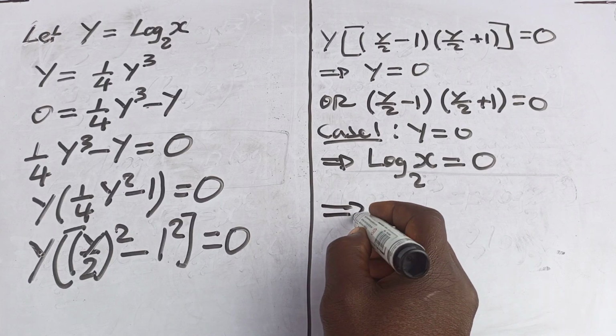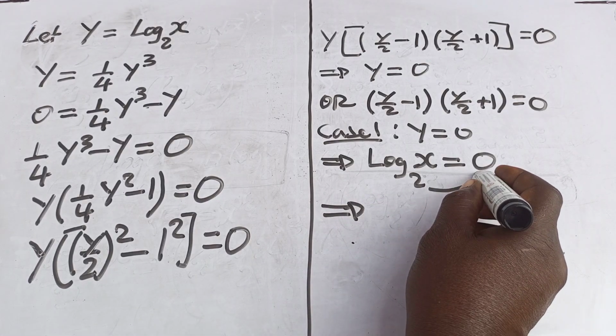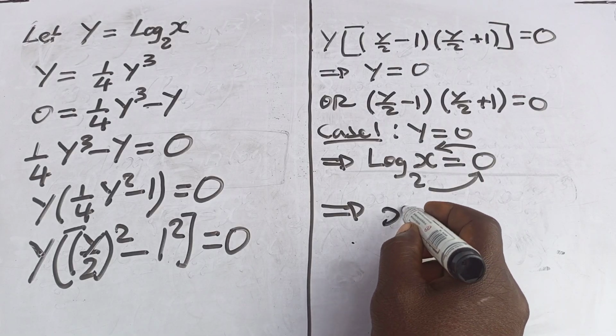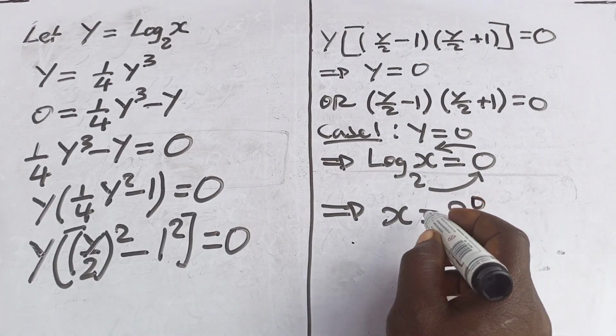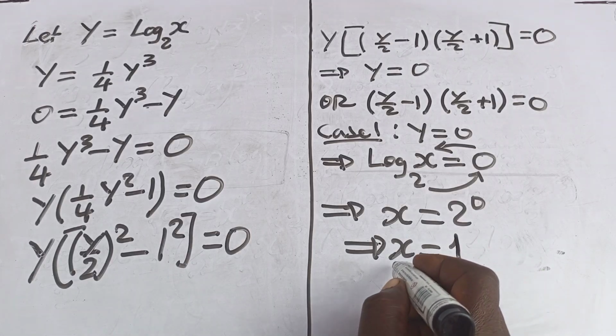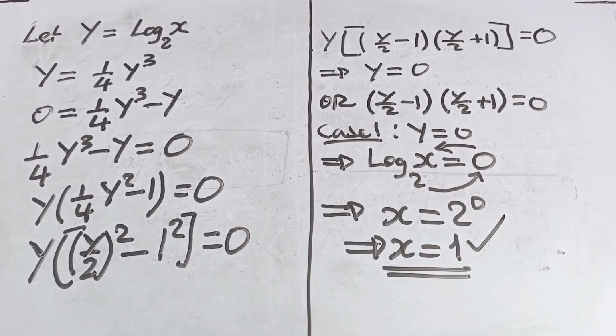This means that when we raise this base to this power, we are going to get that. It simply means x is equal to 2 to the power 0, which means x is equal to 1. That is our first solution. Okay, x equals 1 is our first solution.